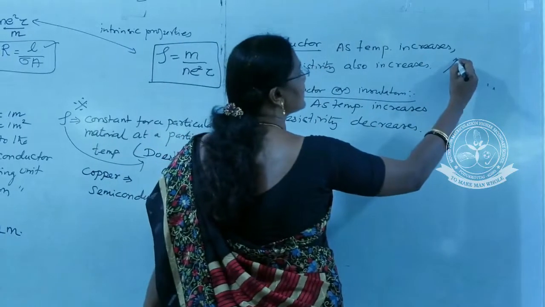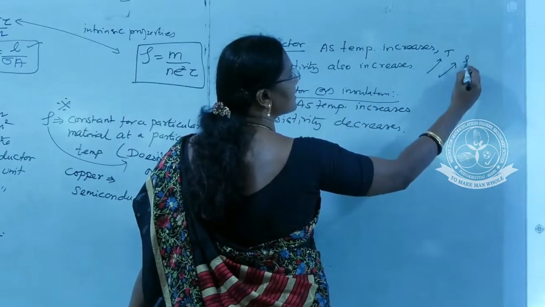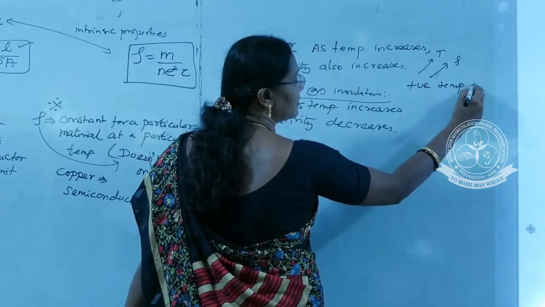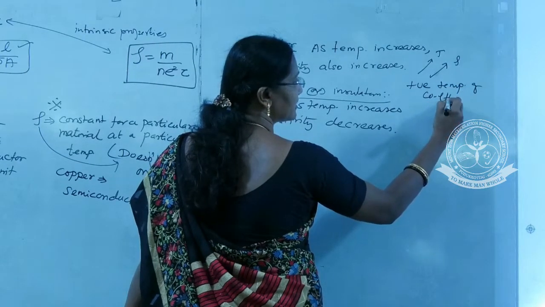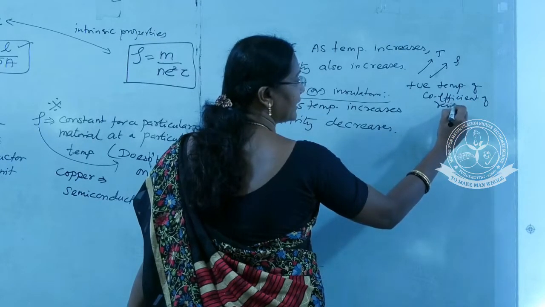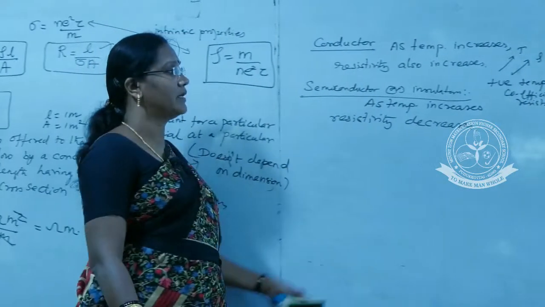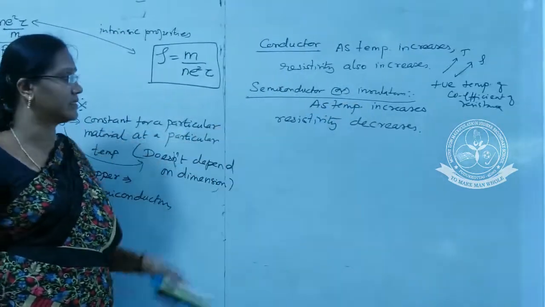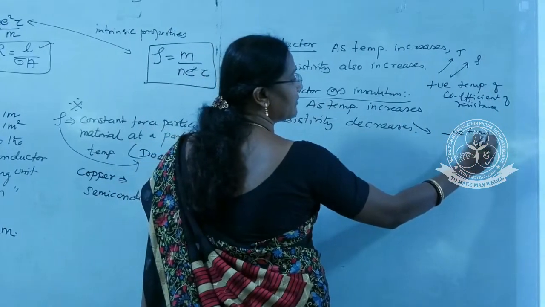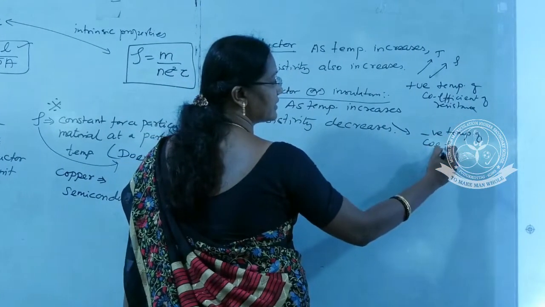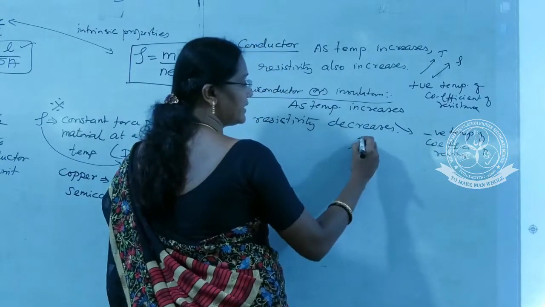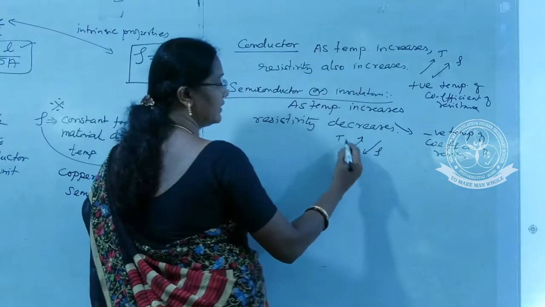In conductors, temperature increases, resistivity increases. This is called positive temperature coefficient of resistance. So all conductors have a positive temperature coefficient of resistance, and all semiconductors and insulators have a negative temperature coefficient of resistance, because as temperature increases, resistivity decreases.